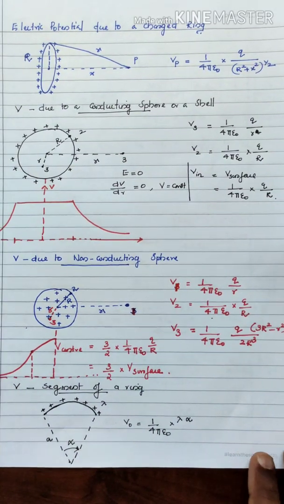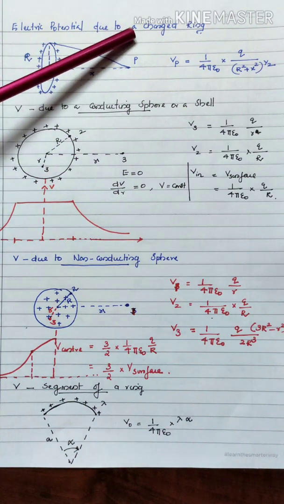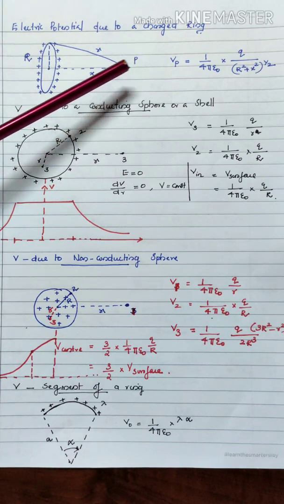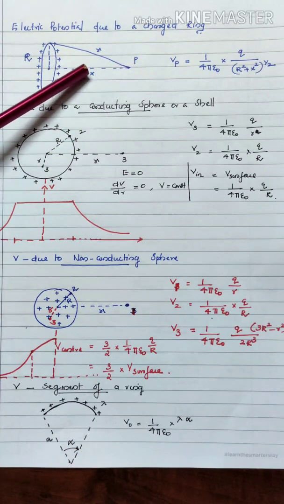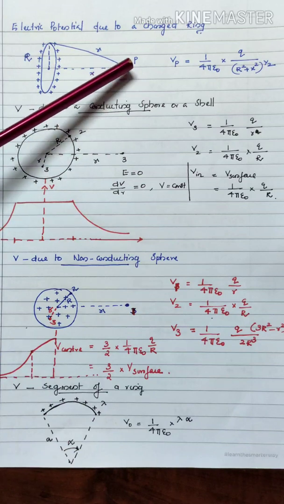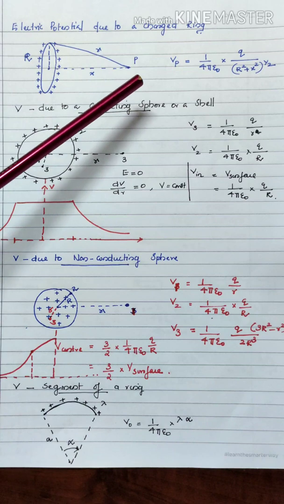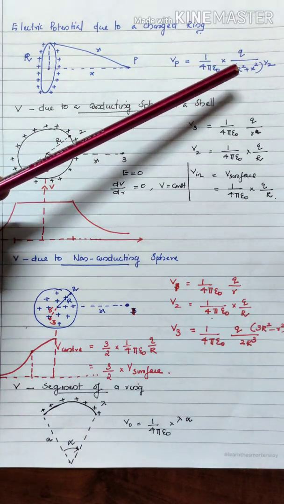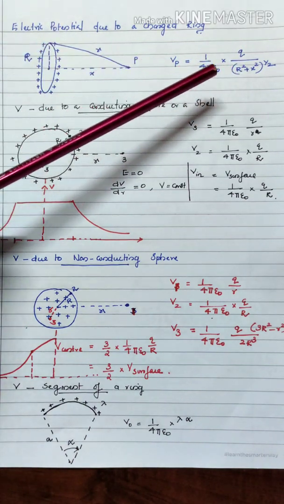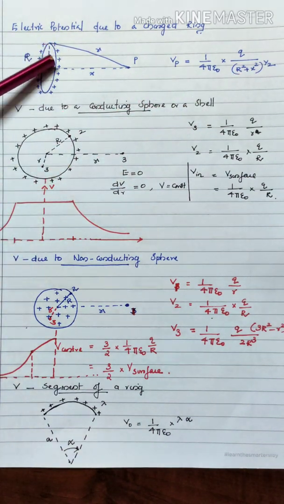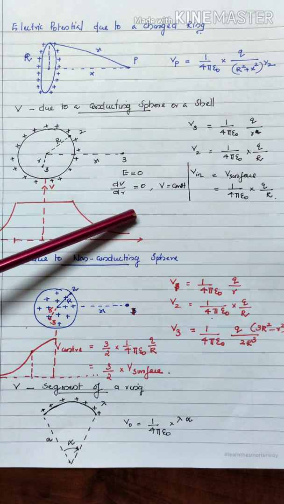Here is the electric potential due to a charged ring. So the ring and a point P under consideration at a separation x. The potential at that point P is 1 by 4 pi epsilon 0 Q divided by r, where r is equal to root of R squared, the radius squared, plus x squared.